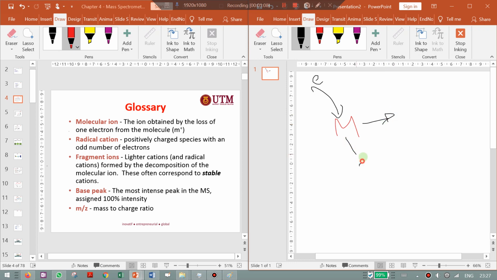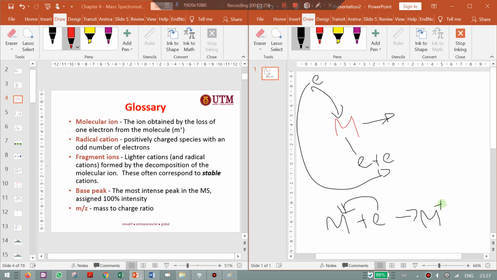We can write the equation as M plus e, the electron attacks the molecule, and it will produce M+, a positively charged radical, plus 2e. That is the basic equation. So your molecule will turn into a radical cation.